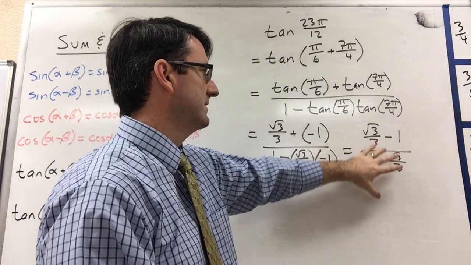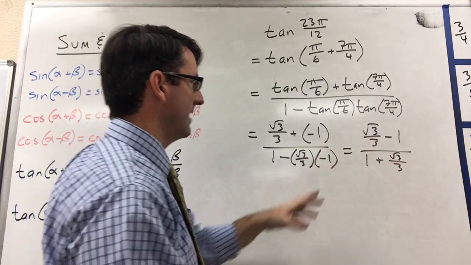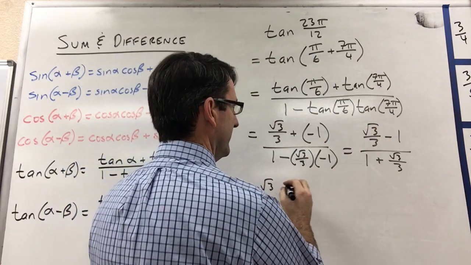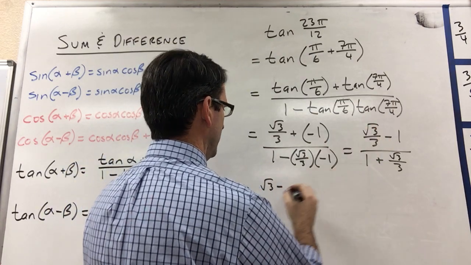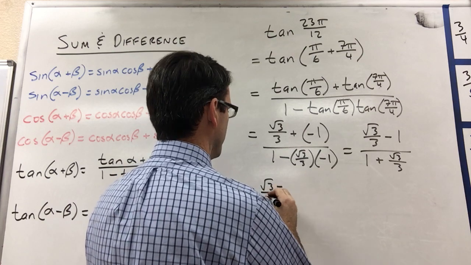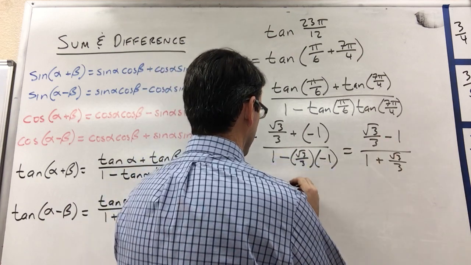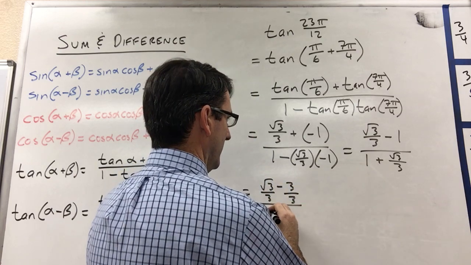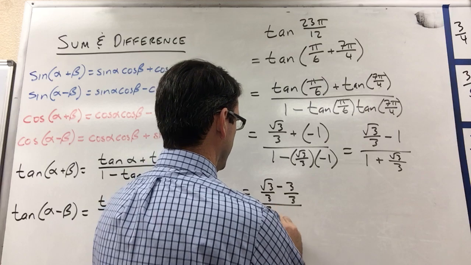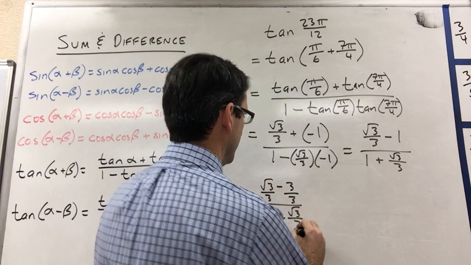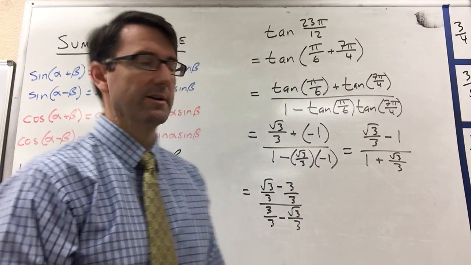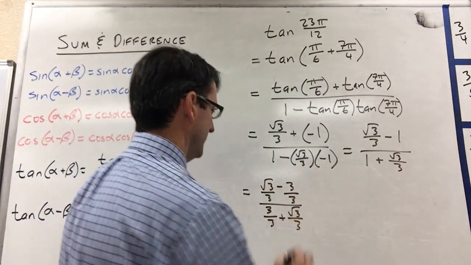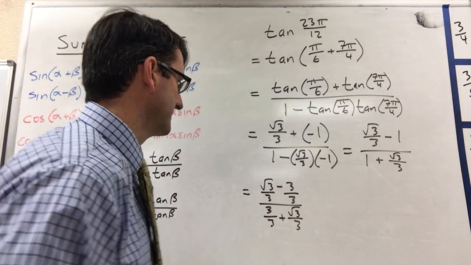All right, so let's get a common denominator on the top and bottom there. So that's going to be the square root of 3 over 3 minus 3 over 3, over 3 over 3 plus the square root of 3 over 3. All I did there was just get a common denominator so that we could combine those fractions.